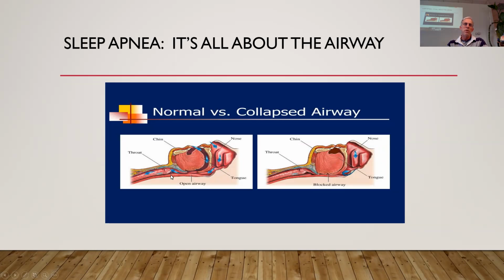When it's open, you breathe pretty naturally, inhale, exhale, and you stay oxygenated, okay? When there is an occlusion, typically it's the tongue or it's extra growth of tissue here in the back of the throat, it blocks the airway or occludes the airway.